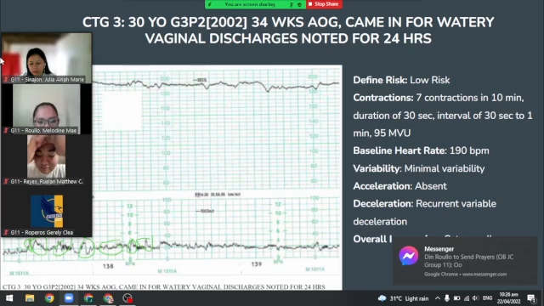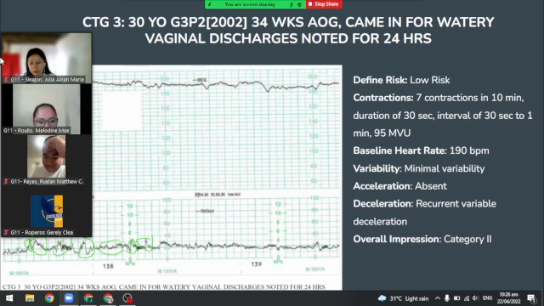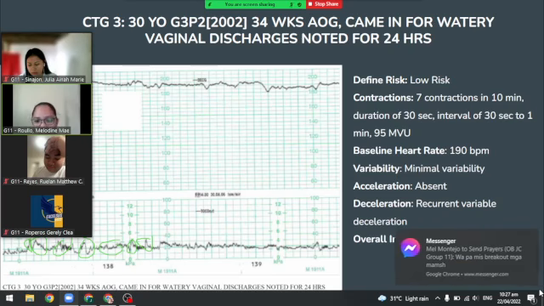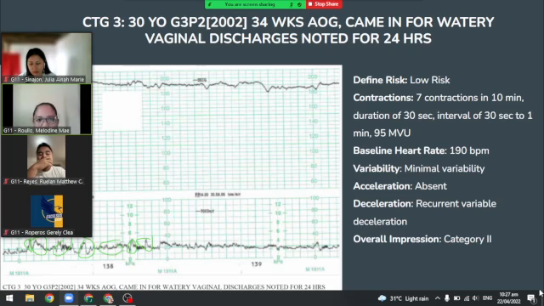Continue. Then for baseline heart rate, 190 beats per minute, variability, minimal variability, absent acceleration, deceleration is recurrent variable deceleration. Overall impression is category 2.